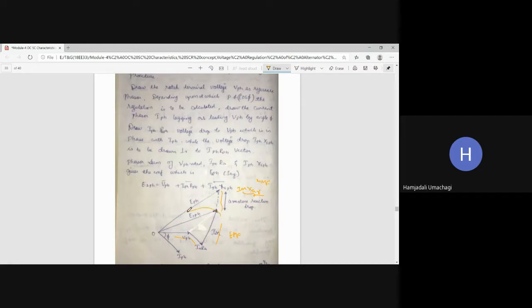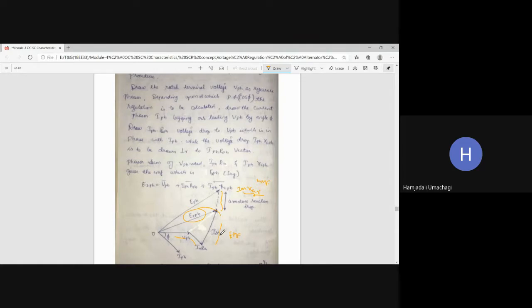Now we are going to calculate the E1PH value. To get this E1PH value, we use the formula of the EMF method: EPH is equal to the square root of (V phase cos phi plus IRA) whole squared plus (V phase sin phi plus or minus I into XS) squared. We actually take XS there, but now here we are taking XL. Why?